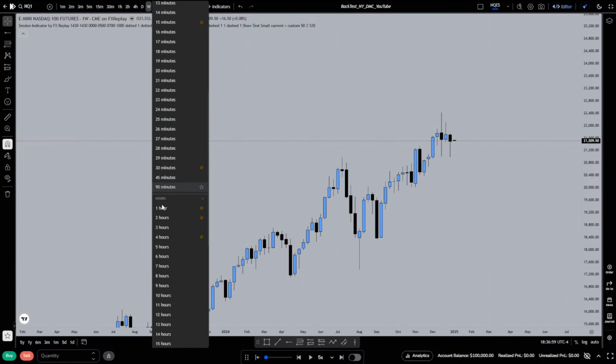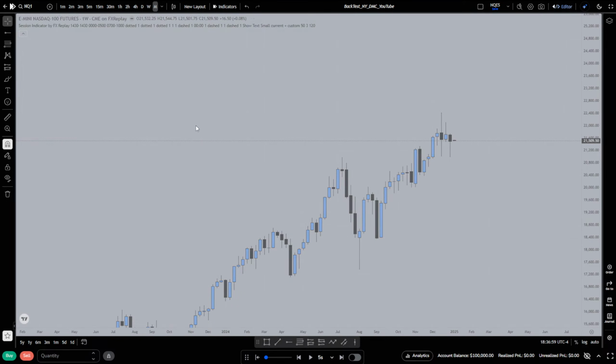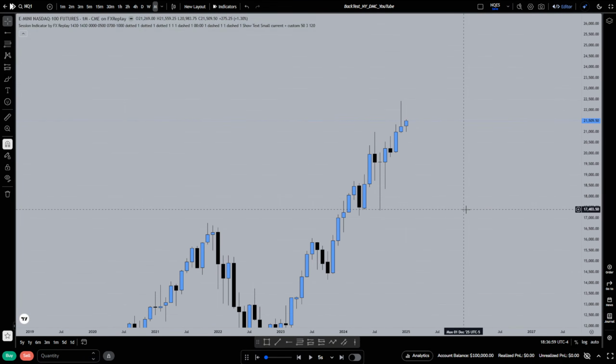So first I'm going to go to the monthly and draw the monthly levels. And this is 2024.